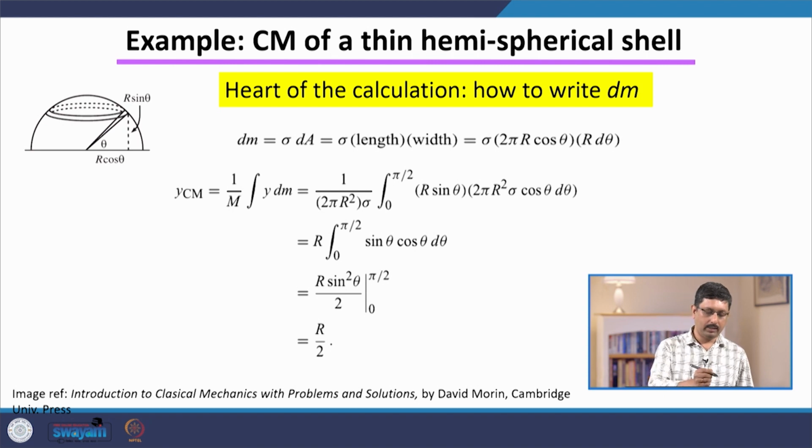Now, by symmetry we can see that, if this is my x axis and this is my y axis, and if we assume that the mass distribution is uniform, then the center of mass must be located along the y axis.